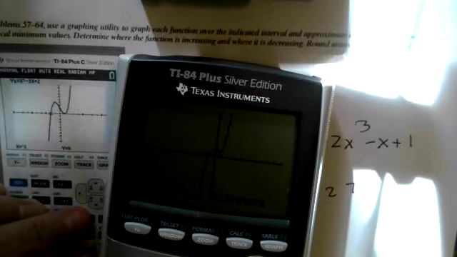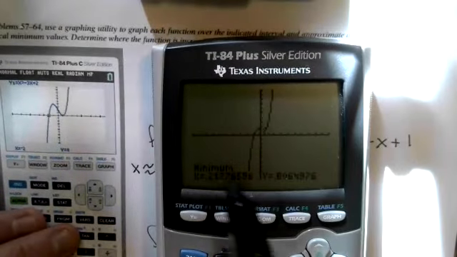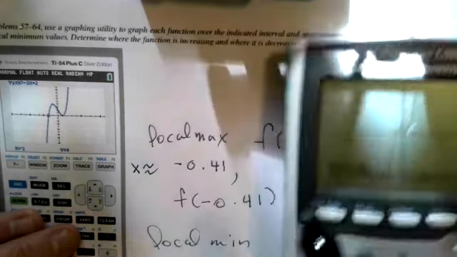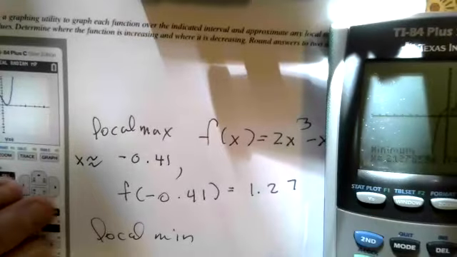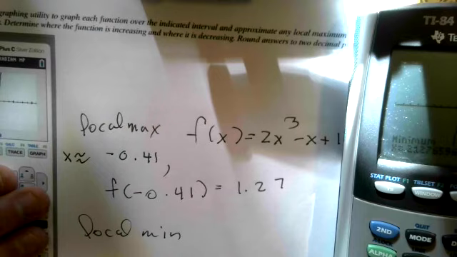I just got that from the bottom of the screen here, and that's the local min. So let's see, does that look right? That's the local max, that's the local min.